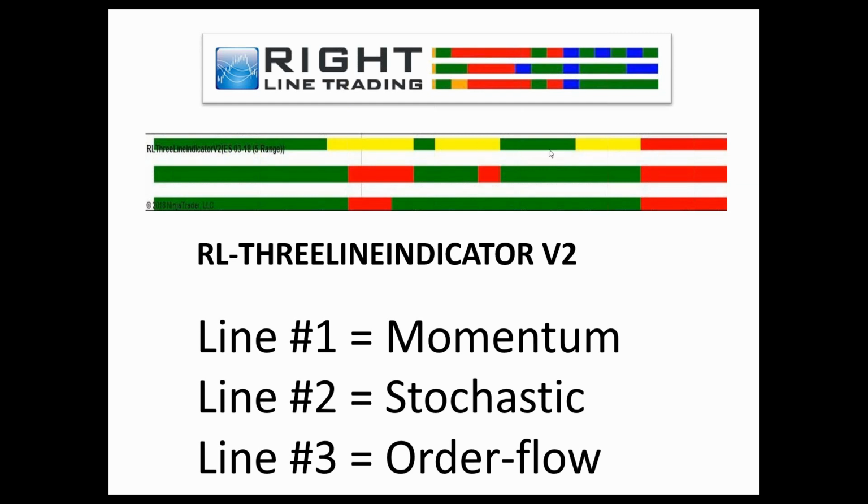Now, the first line here is the multi-time frame assessment of momentum. The second is the multi-time frame assessment of stochastic. And the third is the multi-time frame assessment of order flow. Now, order flow is a very, very difficult parameter to calculate. It has no predictive value unless it's done on a multi-time frame basis.